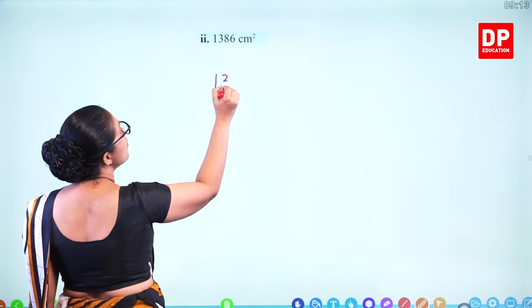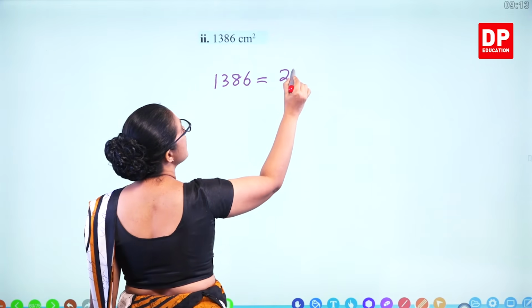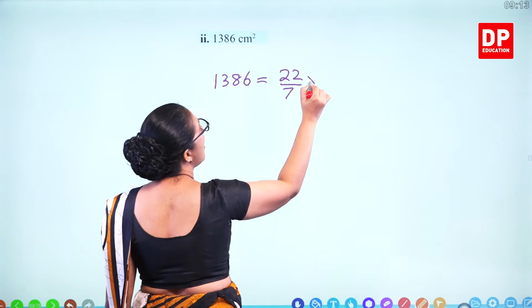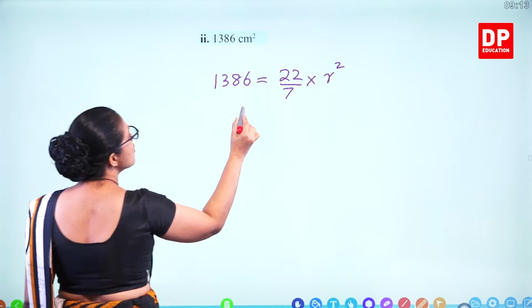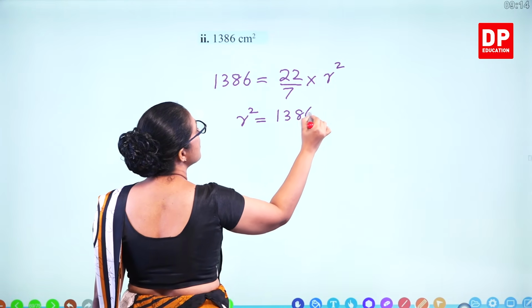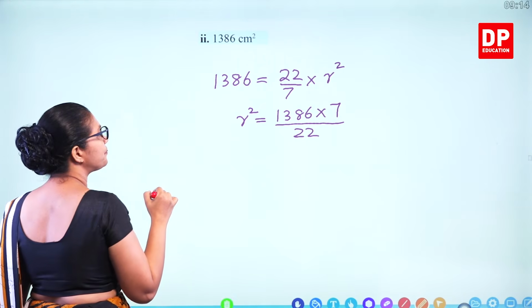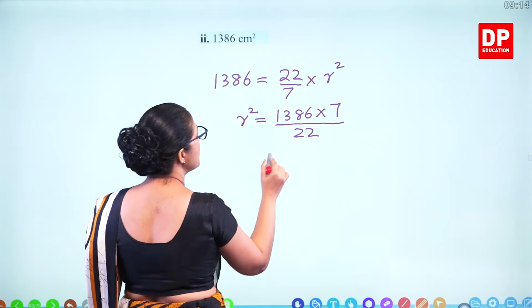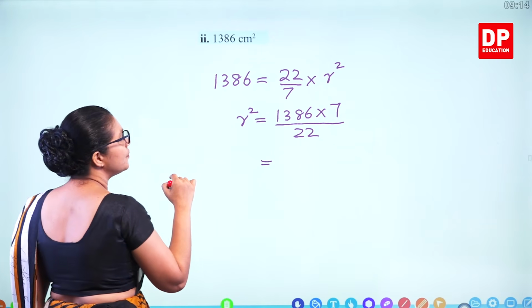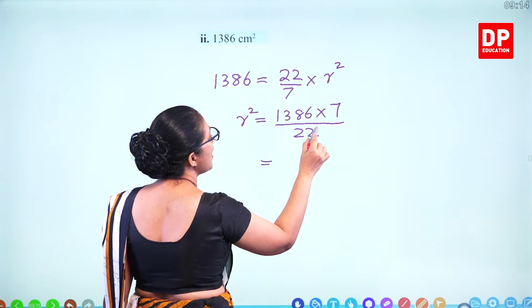Area is given, 1386. That's pi r squared. So what's r squared? You multiply by 7 and divide by 22. Now you can divide by 11.